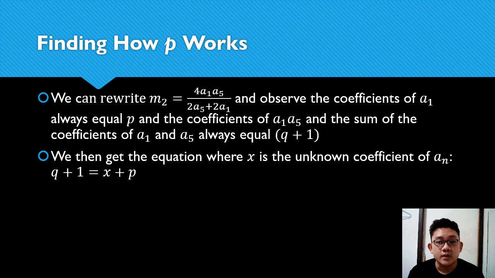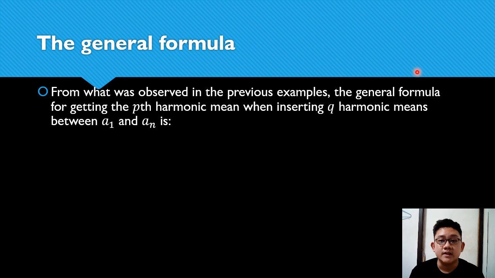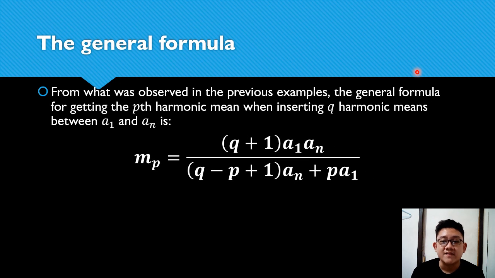We then get the equation where x is the unknown coefficient of a sub n, similar logic to earlier. So a sub n's coefficient would always equal q minus p plus 1. So from what we observed in the previous examples, the general formula for getting the pth harmonic mean when inserting q harmonic means between a sub 1 and a sub n is there you have it.